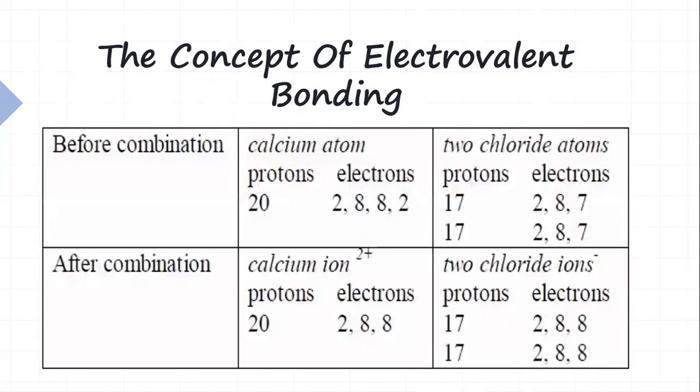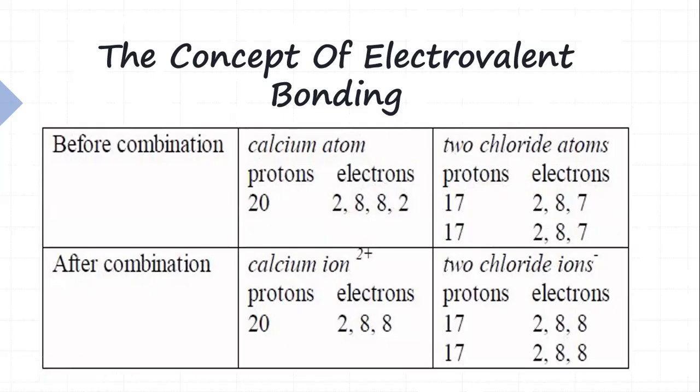Here is what happens. Before the combination, the calcium atom has 20 protons and the electrons 2, 8, 8, 2, and there are two chlorine atoms, each having 17 protons and electrons 2, 8, 7.